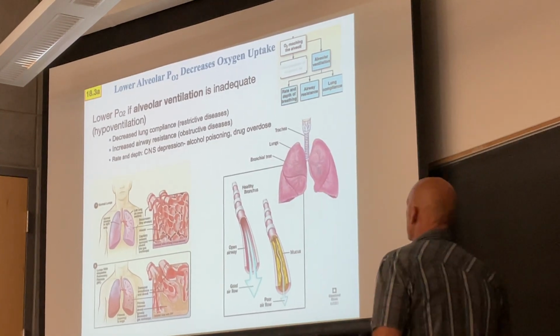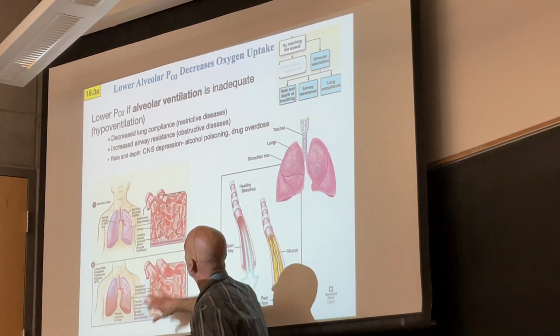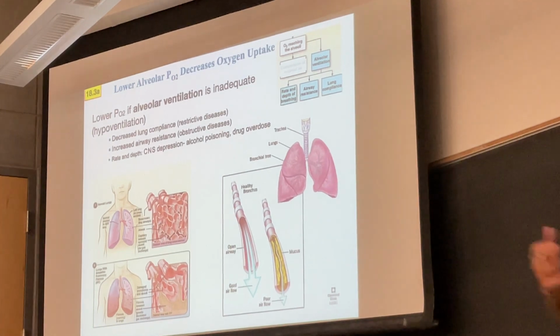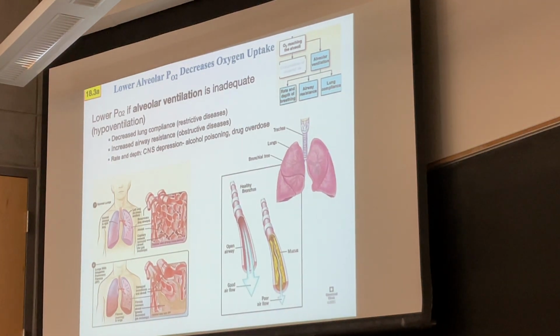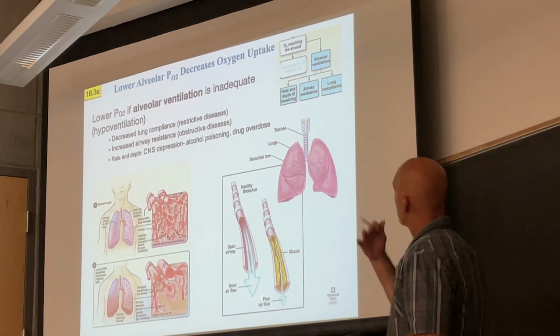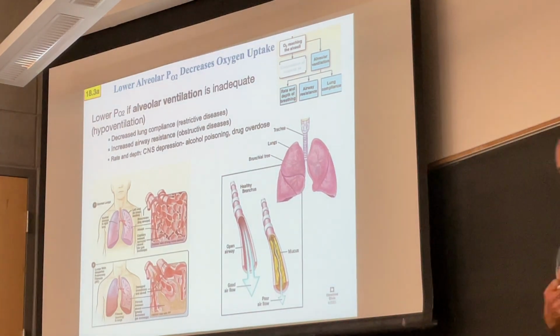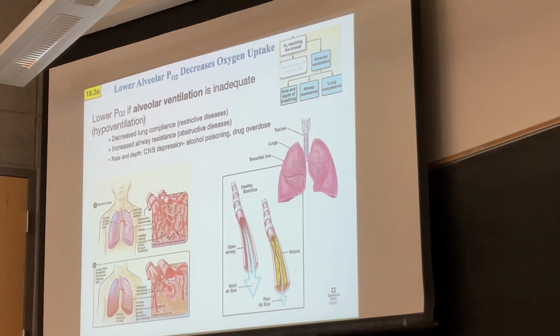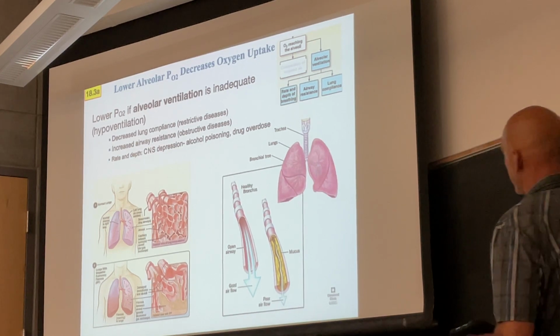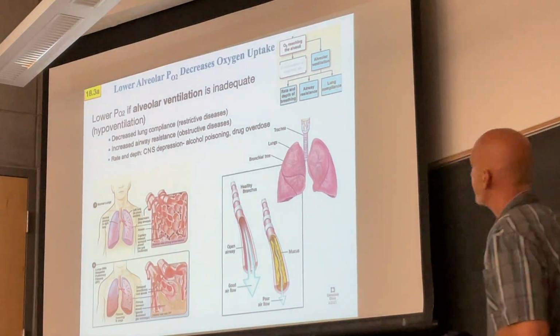The other thing is restrictive diseases, where you're having trouble breathing and trouble getting oxygen down there. Those are all the things we talked about yesterday. They all apply to the fact that you're not getting enough oxygen in the alveoli, your partial pressure is too low, there's not enough of a concentration gradient, and not enough oxygen is getting into your plasma.